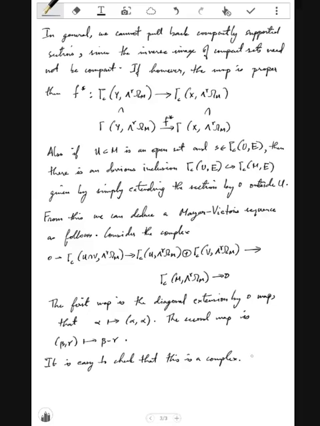To check exactness, we only need to check surjectivity at the end.